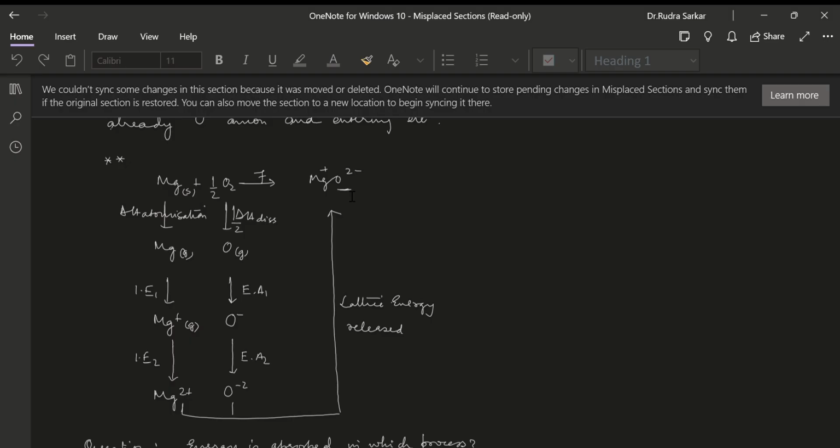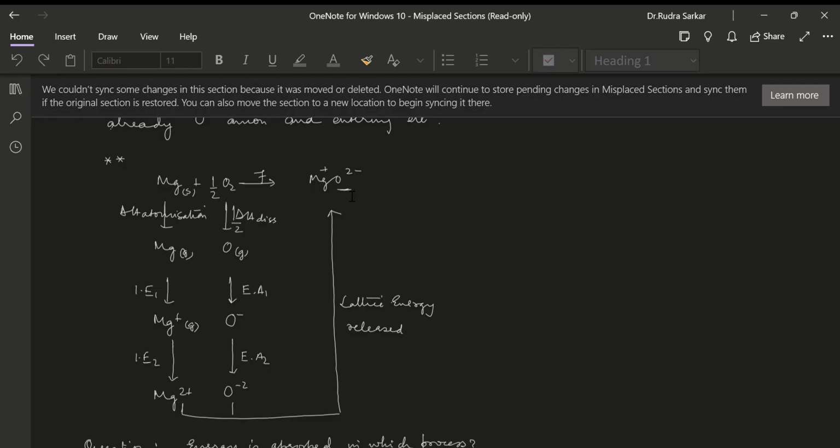So whenever atoms or molecules are combining, in most cases, the process is exothermic. In some cases, it could be endothermic. That means what?